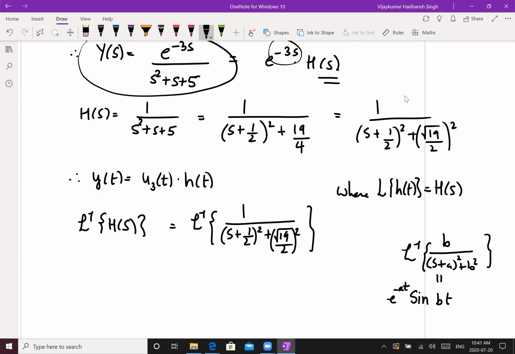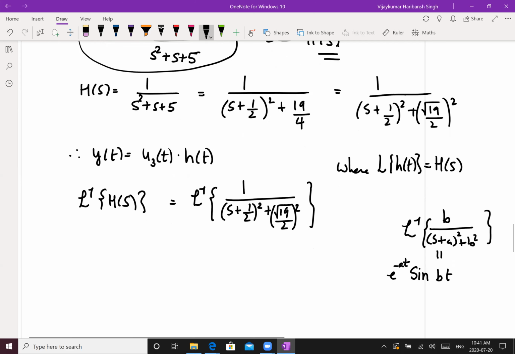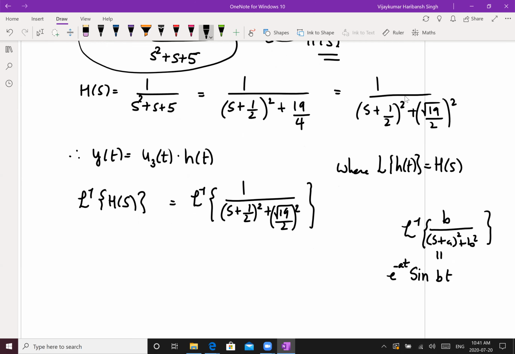So we need to get that. If you compare, we need a factor of b on the top. So I'll multiply top and bottom by square root of 19 by 2.